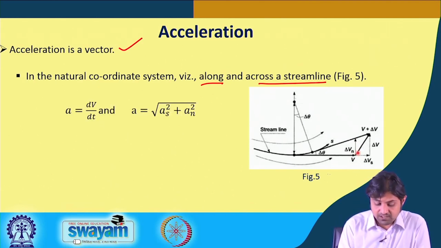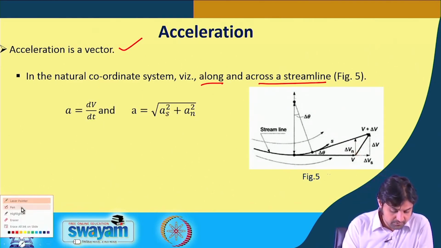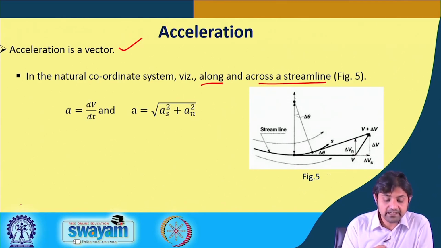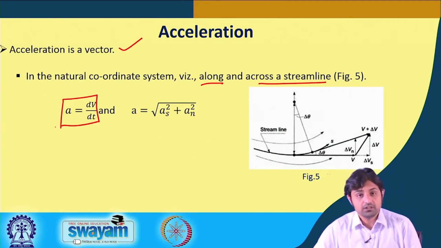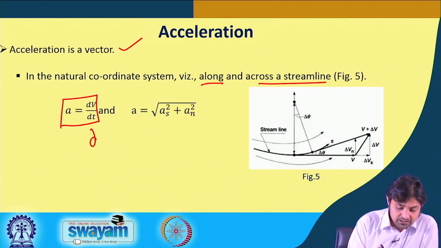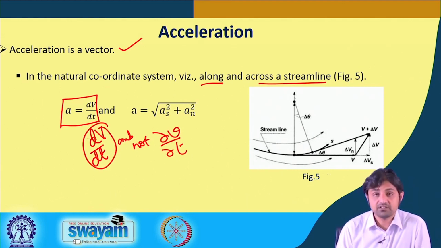So acceleration can be given as the total derivative of velocity with respect to time, dV/dt, and not del V by del t. So the total derivative of the velocity is called the acceleration.